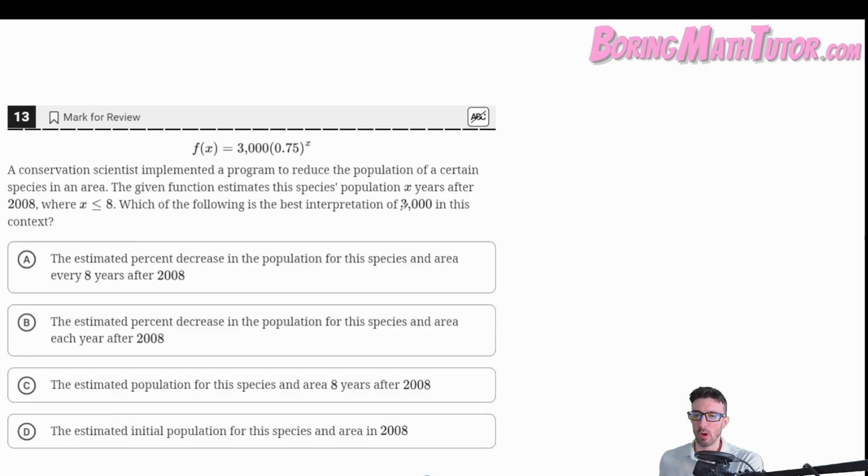Okay. Well, this is a problem where you want to use the power of 0. You want to replace this x with 0. Why would you do that? Because if you did, then you'd have 3000 times 0.75 to the 0. Anything to the 0 is 1, which means you can just cross it out, which means that when x is 0, your f of x ends up being 3000.